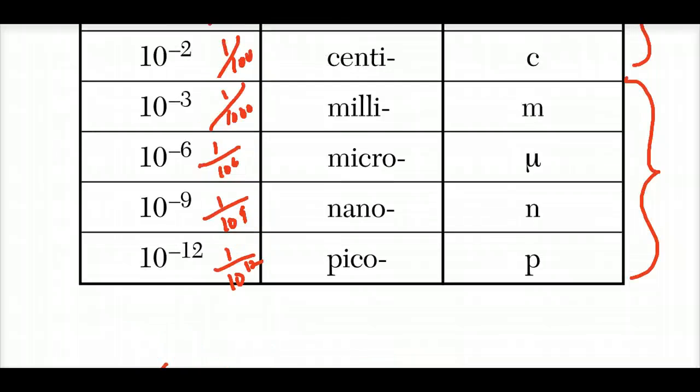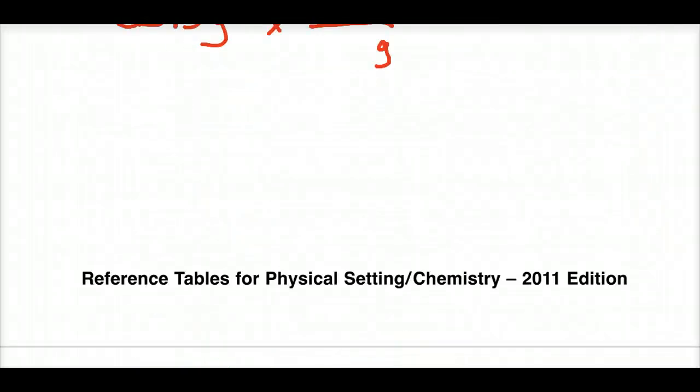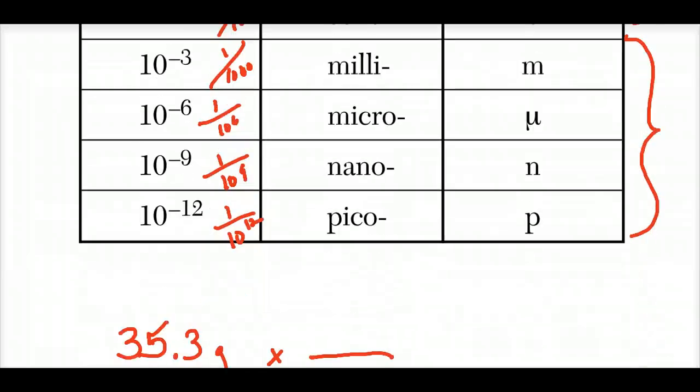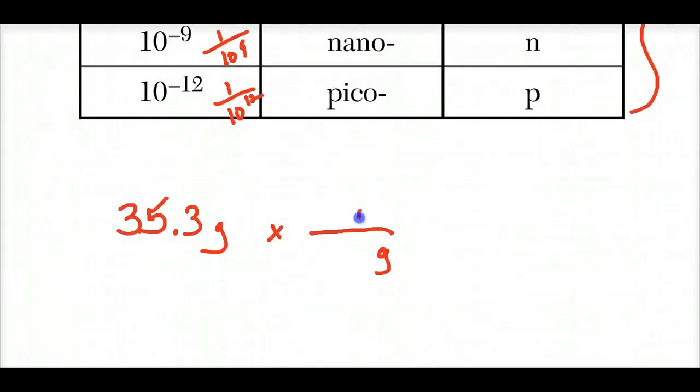Micro is 10 to the negative 6, so I'm going to use just a little m. It's a little funky m actually, but it doesn't matter. And I know that for every one of these, there's a huge amount of these. In fact, it's 10 to the 6, it's a million.